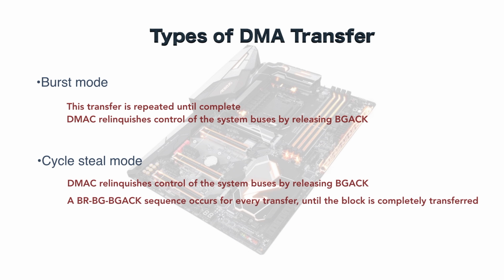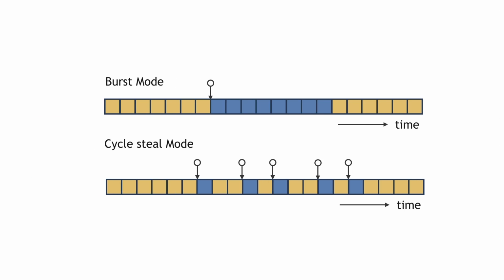A BR, BG and BG-ACK sequence occurs for every transfer until the block is completely transferred. DMAC interrupts the CPU when the transfer is complete. This is an example of a completion signal interrupt. The types of DMA are described in the figure.